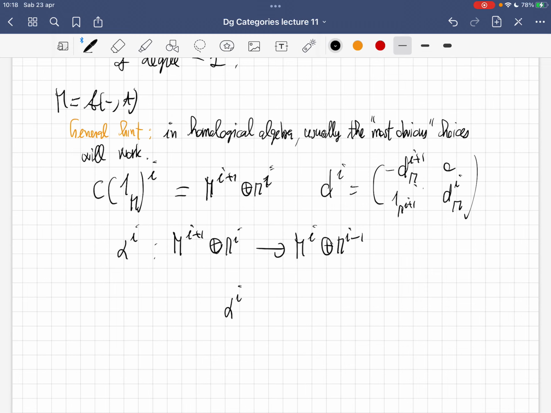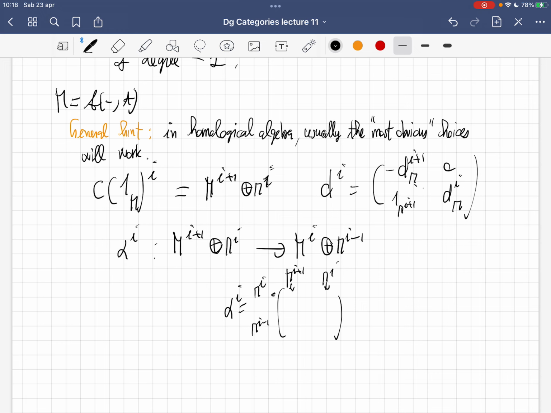Let's view it in matrix notation here: this is M_{i+1}, M_i, the input, and this is the output, M_{i-1}.